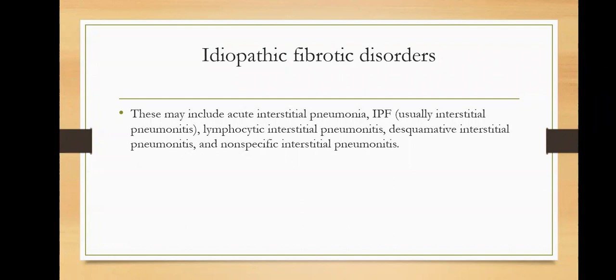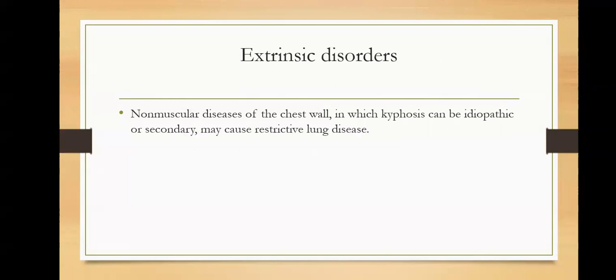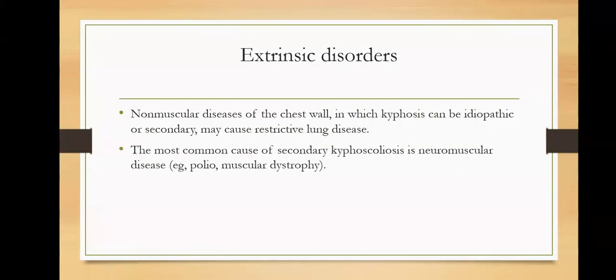The most common cause of secondary kyphosis is neuromuscular disease, diseases that cause spasticity, like polio or muscular dystrophy.